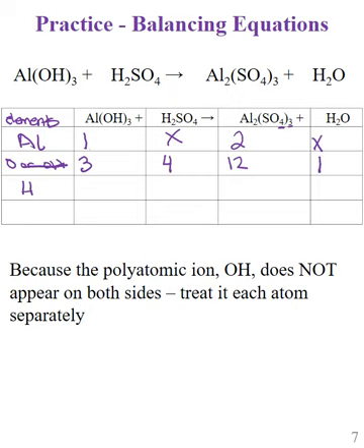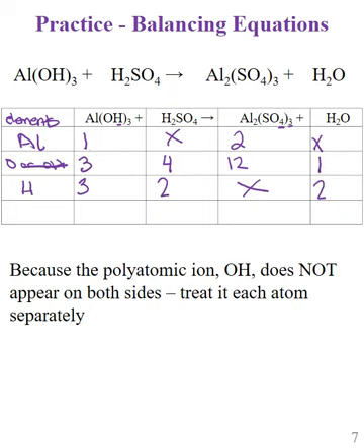Now for hydrogens, for the first molecule, how many are there? 3, because 3 times 1 is 3. Second one, 2. Third one, I don't have any hydrogens. And for H2O, 2.